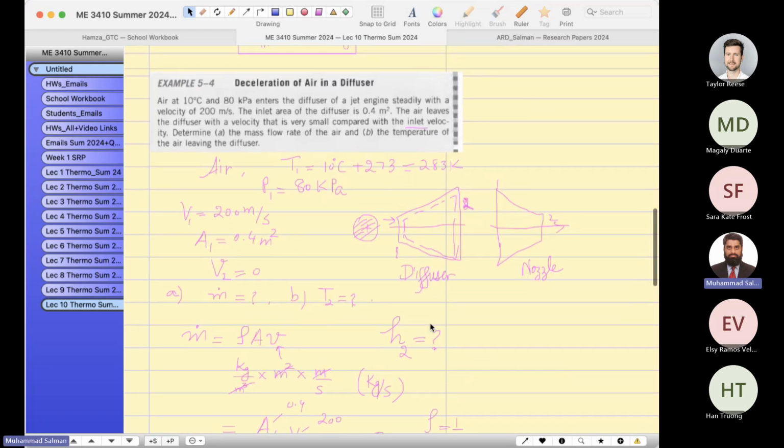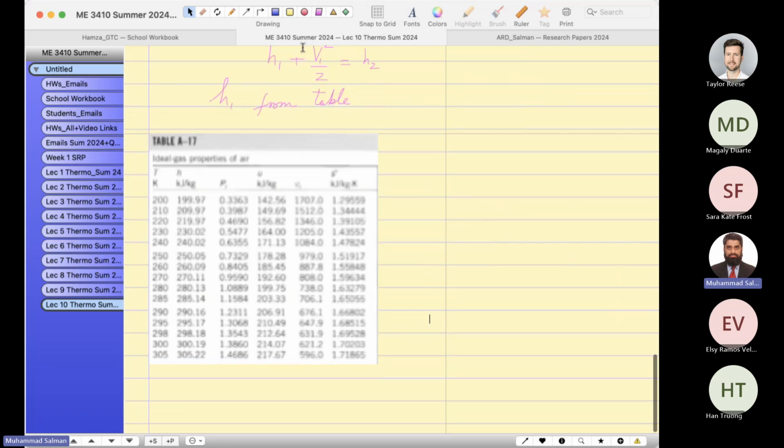Temperature T1 is about 283, and we are interested in these two rows and columns. Your value is 283, and you have to do the interpolation. So H1 minus 280.13. This is the interpolation between the two values, correct?